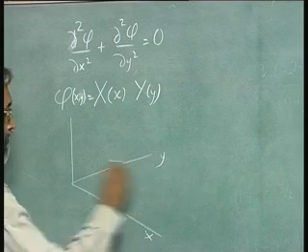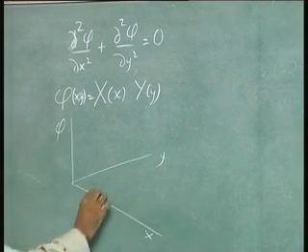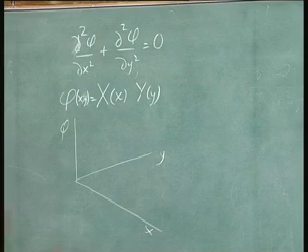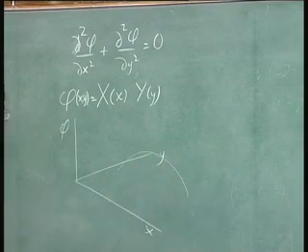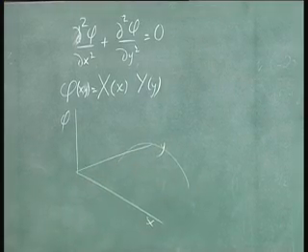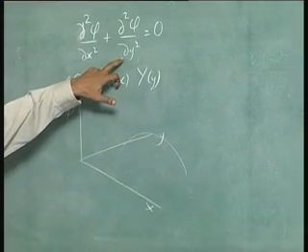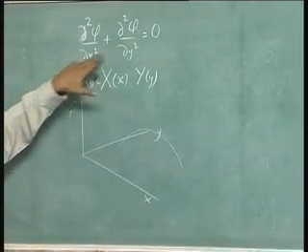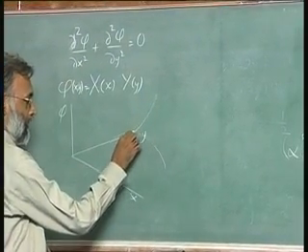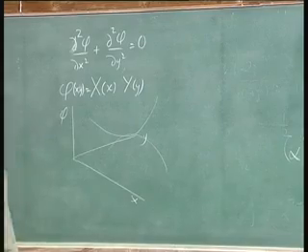in x and y, supposing in x del squared phi by del x squared is negative, it means phi is doing this. As I move in x, phi reaches a maximum and comes back down. But if I look at del squared phi by del y squared, if this is negative, this must be positive, which means phi must actually be reaching its minimum and going up.